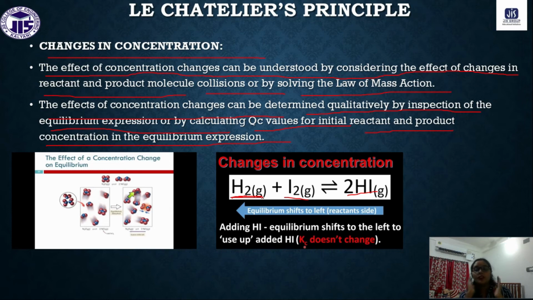According to the Le Chatelier principle, the reaction medium will change itself in such a manner that whatever change we have made will be minimized. That means if we increase the concentration of hydrogen, the forward reaction will proceed, and a higher amount of HI will be produced so that the increased amount of hydrogen can be reduced.